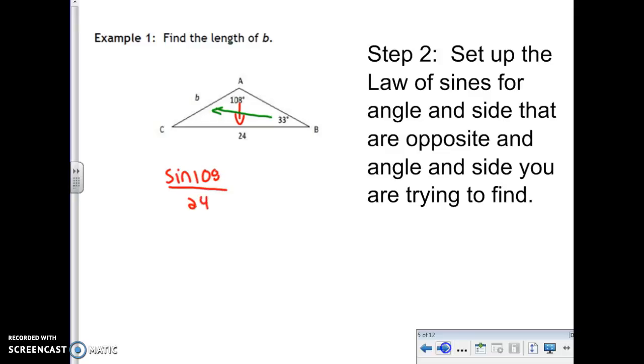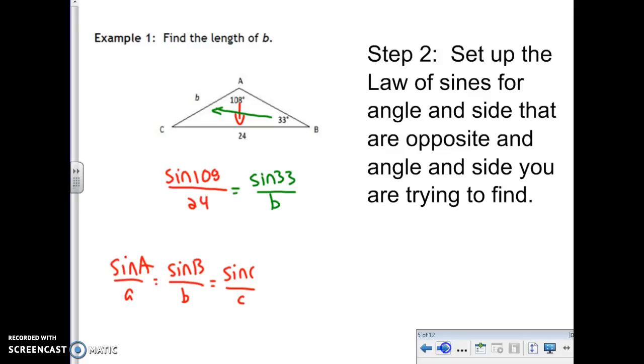Remember, the law of sines says that the sine of A over little a is the same thing as the sine of B over little b, and the sine of C over little c. So I set that one up, and then I'm going to set that equal to the sine ratio, sine 33 over its opposite side, which is little b.